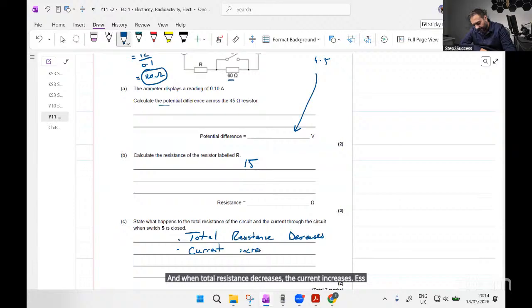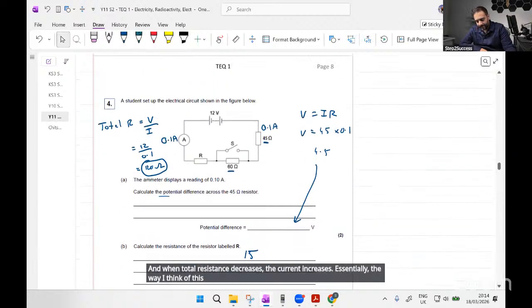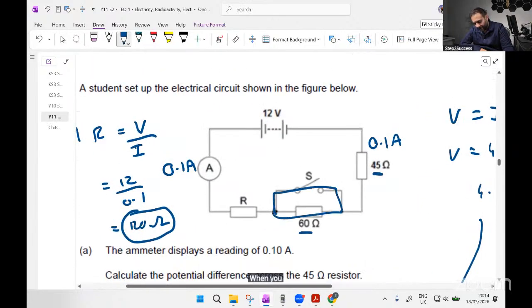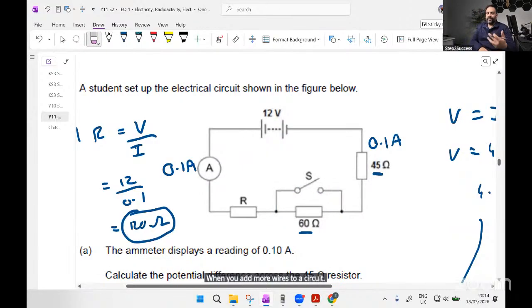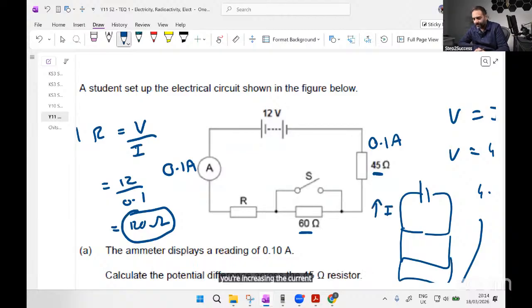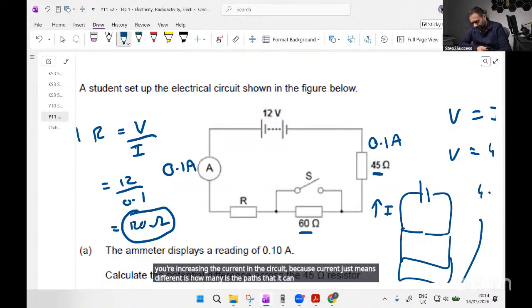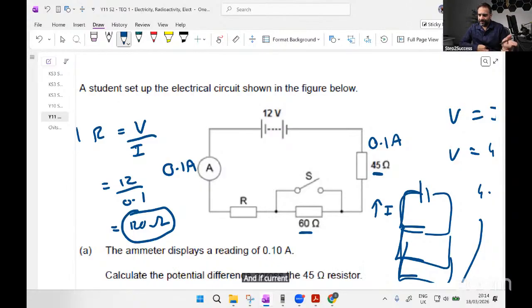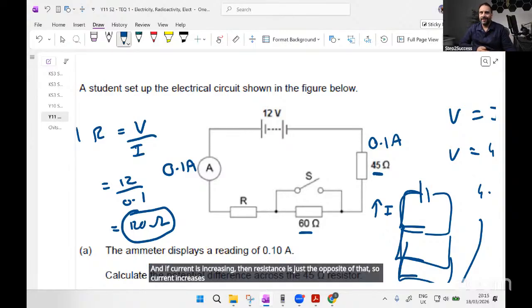Essentially, the way I think of this is that when you add more wires to a circuit, like in a parallel circuit, if you add more branches, you're increasing the current in the circuit because the current has more paths that it can take. So you can take this path and then this path and then this path. So you're actually increasing the current in the circuit. And if current is increasing, then resistance is just the opposite of that. So current increases, resistance decreases.